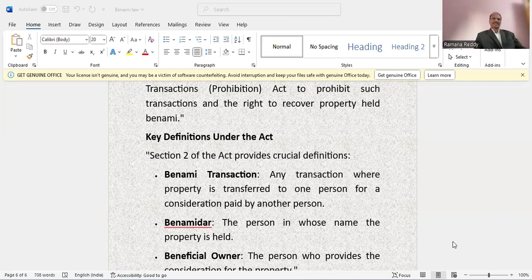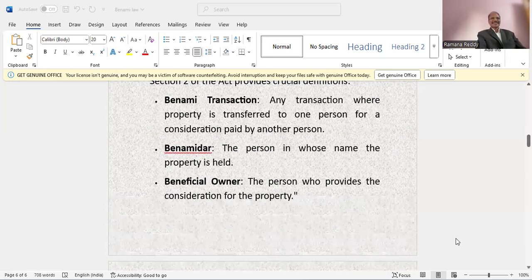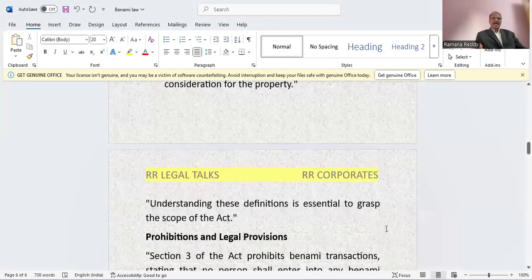Benamidar means a person in whose name the property is held. Who is the beneficial owner? The person who provides the consideration for the property is the beneficial owner. Understanding these definitions is essential to grasp the scope of the Act.